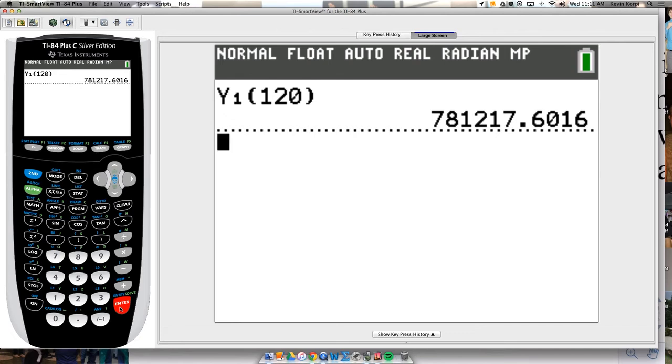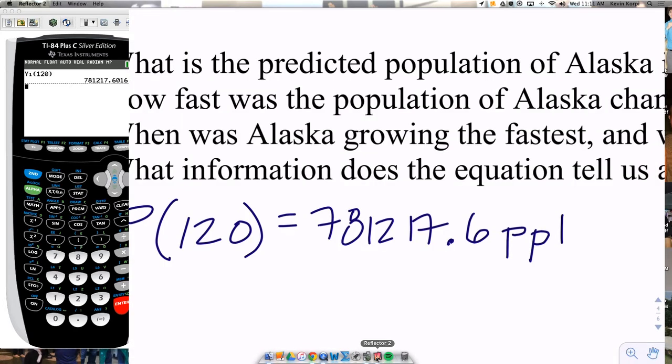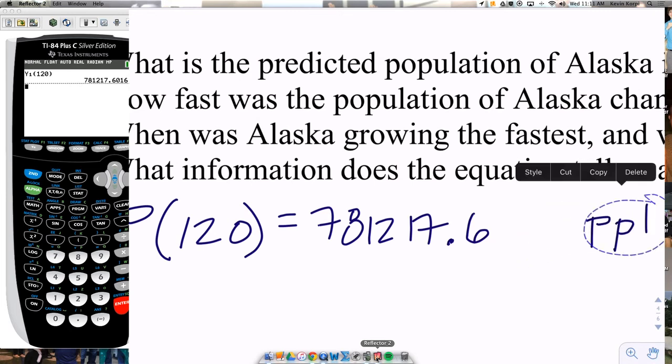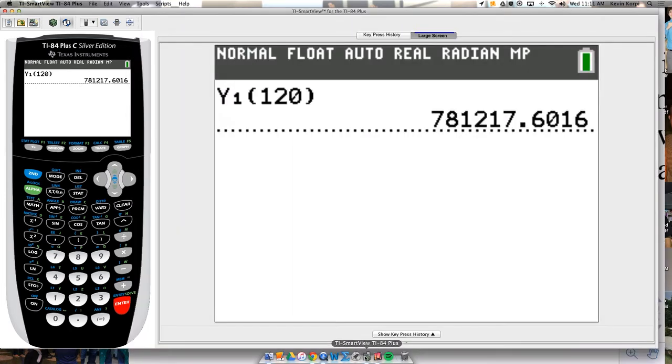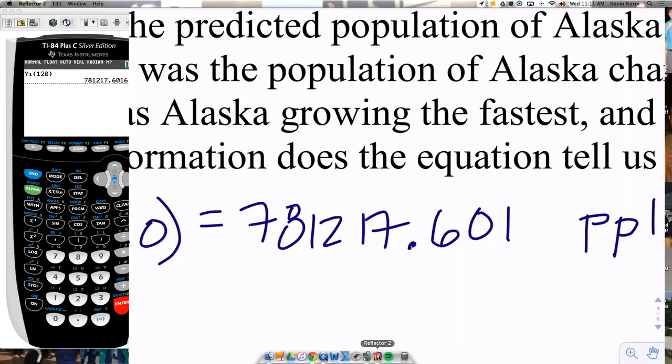More accuracy. If we had done it strictly from the graphing screen, it only showed 0.6. Guess what would happen if it didn't say to round to the nearest whole person? We would get it wrong. So we're going to typically do all of our calculations from the home screen. So 01 or 02 would work, and then Alaskans or people.